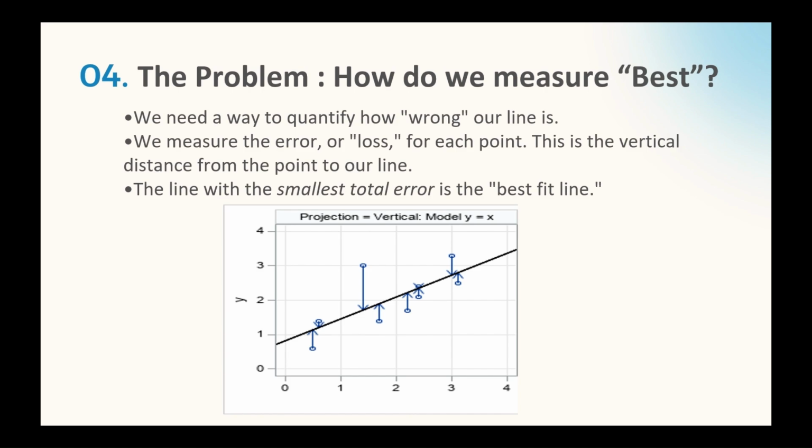This wrongness is the error, or what we call loss. As you can see in this image, the error is the vertical distance from the actual data point down to the prediction line. We call this the residual. So the best fit line is simply the one line that has the smallest total error when we add up errors for all the points.